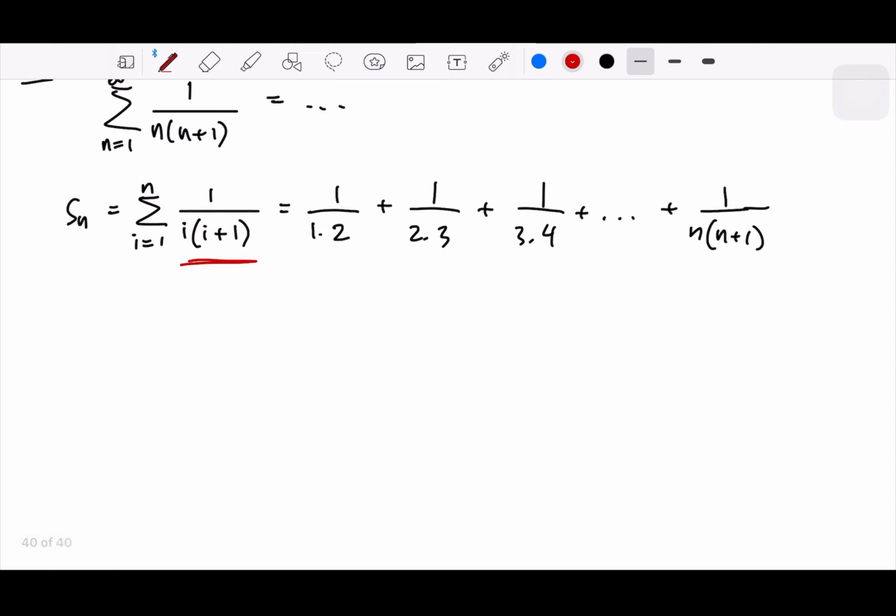One way to observe this partial sum, we can use partial fractions to look on the pattern. Okay, I hope you still remember the partial fractions.